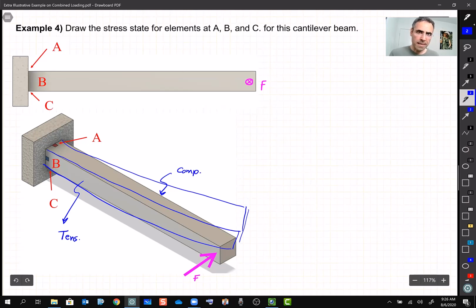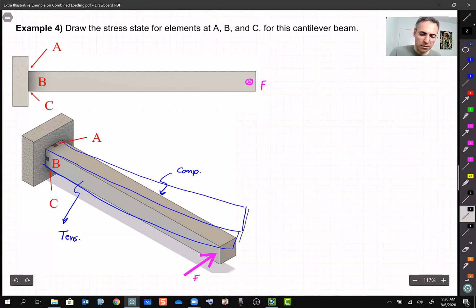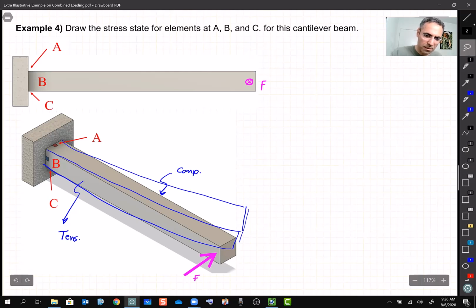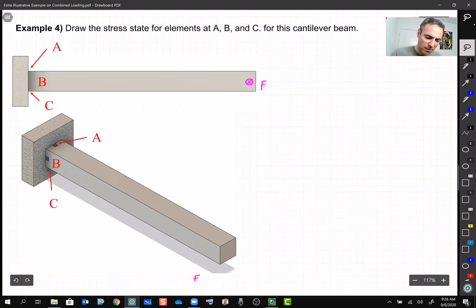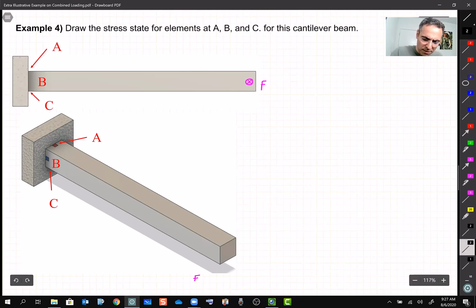All right? So where is the neutral axis on this beam? The neutral axis is going to be the plane where we move from tension to compression, right? Let me get rid of this messy drawing first. So now that we figure out where is tension and where is compression, the neutral plane is going to be this one, right?